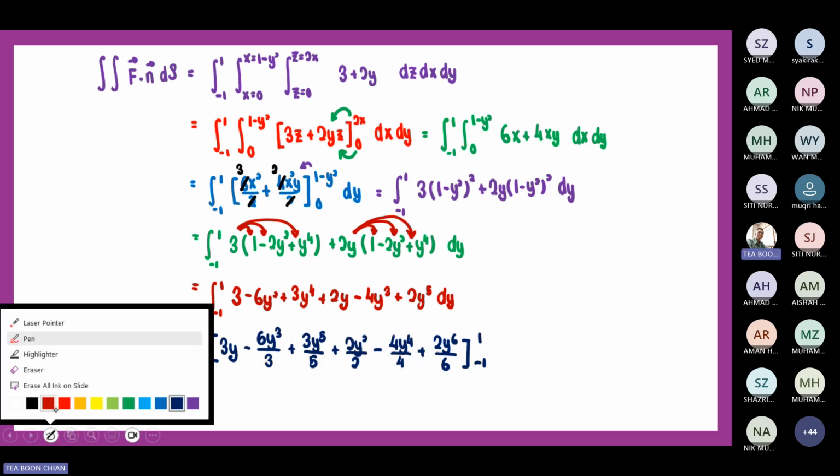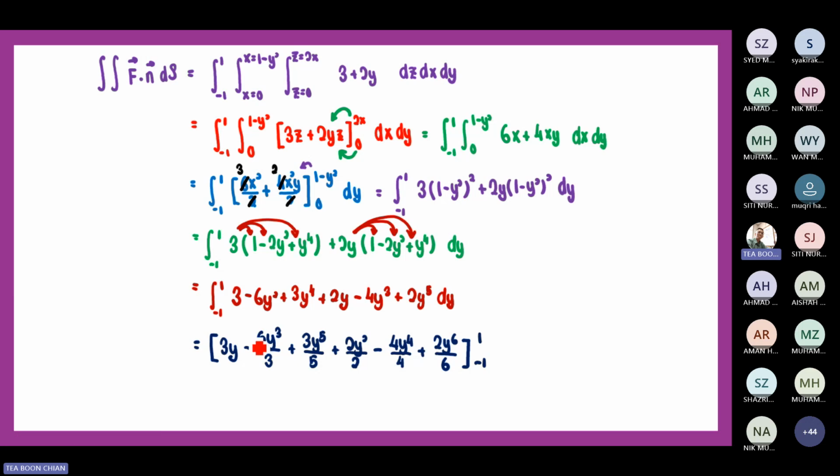So here, there are some things that I can simplify. 6 and 3 can be simplified into 2y cubed. 2 and 2 here can be simplified. 4 and 4 here can be simplified. 2 and 6 here becomes 1 over 3. Okay, be a bit patient because now the substitution has both upper and lower limit values. So we have to substitute upper limit 1.